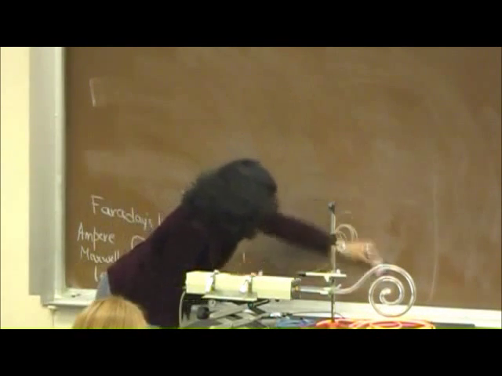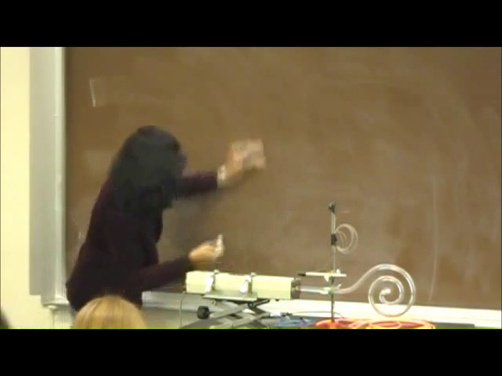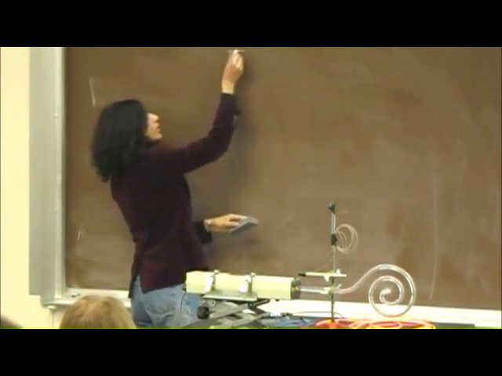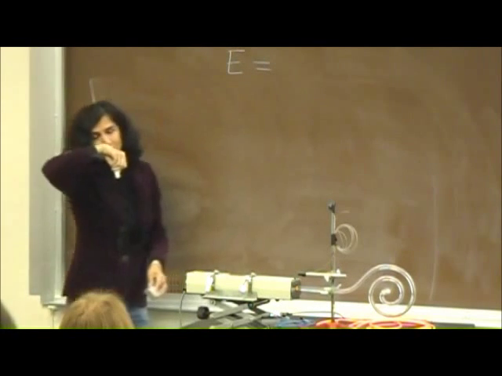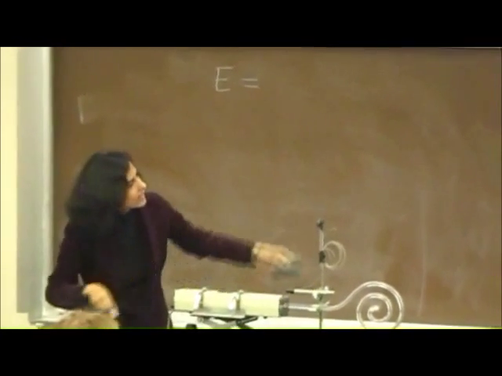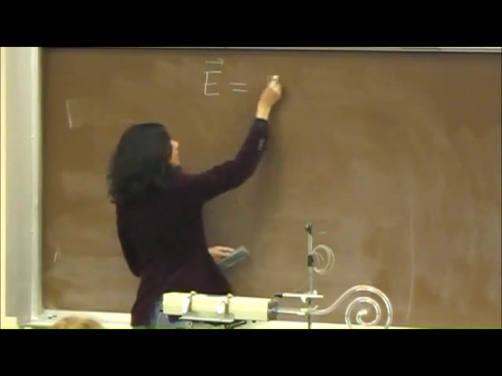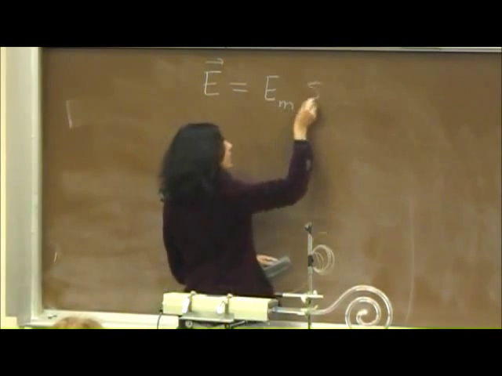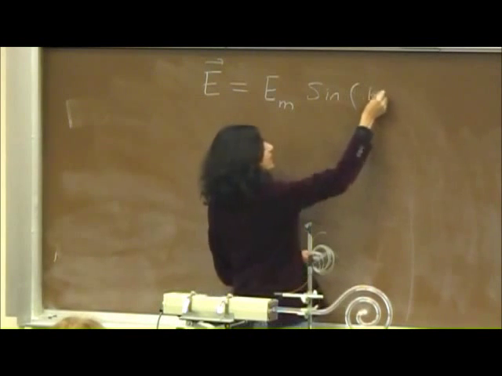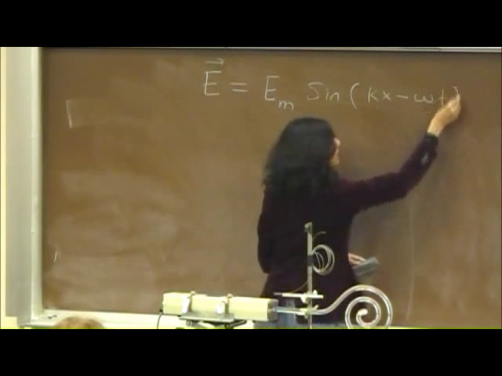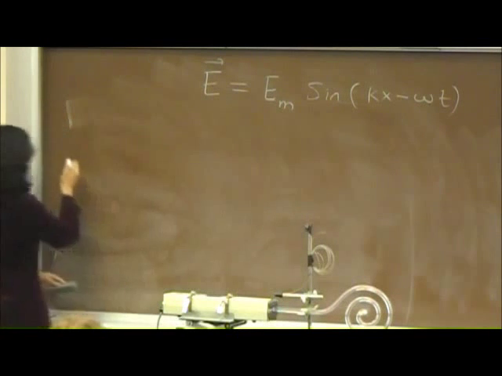So suppose I choose to call the electric field of an electromagnetic wave, and let's say that it's pointing in the y direction, so I say E is equal to some maximum times sine kx minus omega t. By the way, you know what k is?